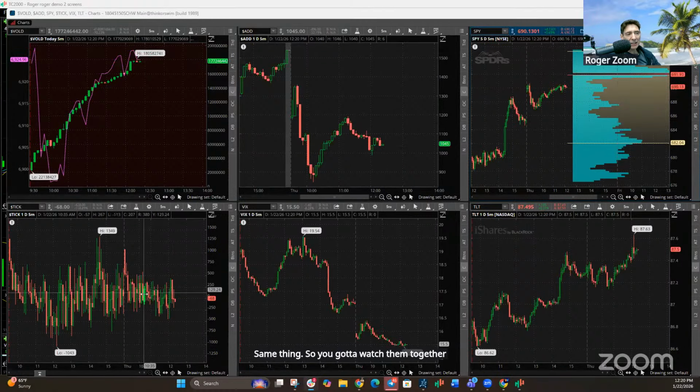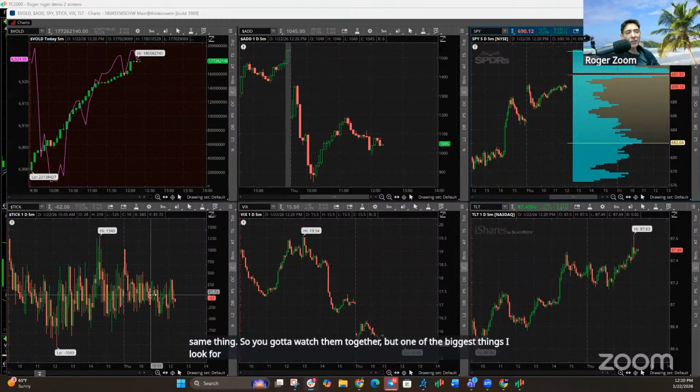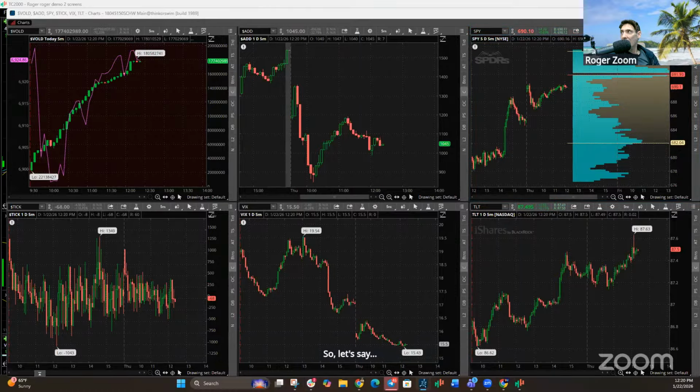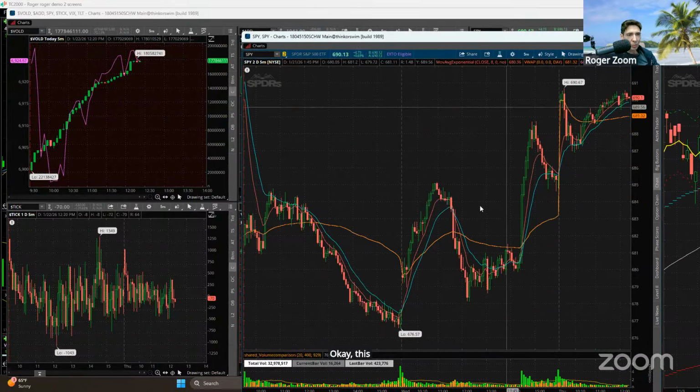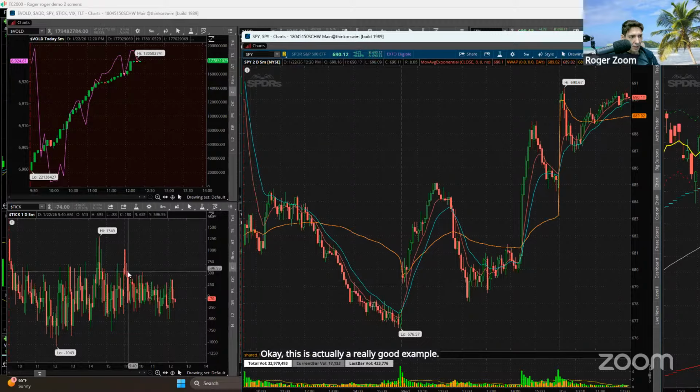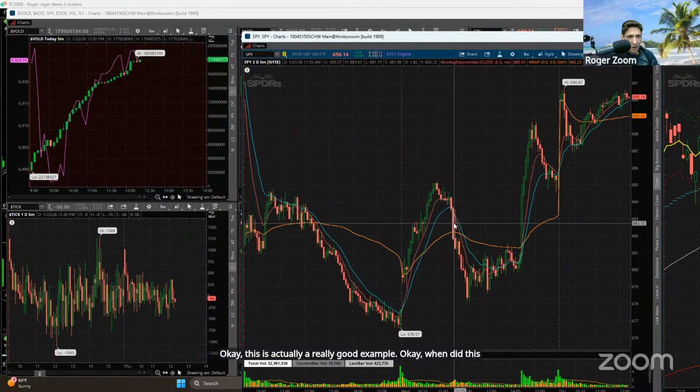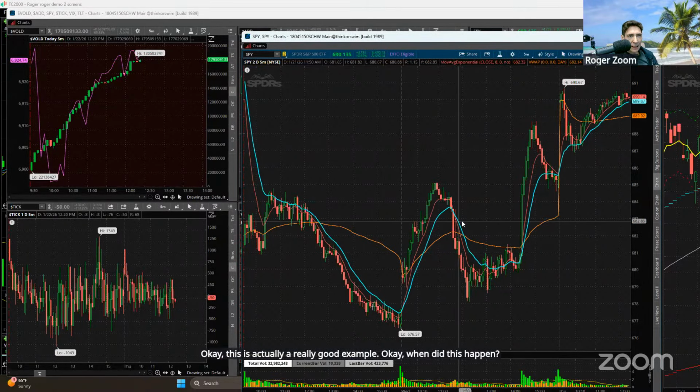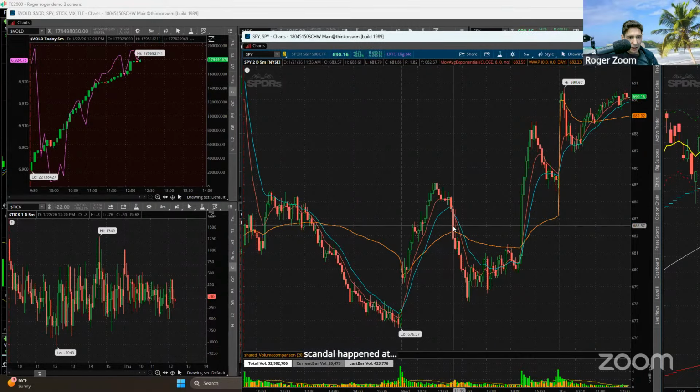But one of the biggest things I look for here is solo candles. So let me give you a good example. This is actually a really good example. When did this happen? This candle happened at 11:35. Perfect.